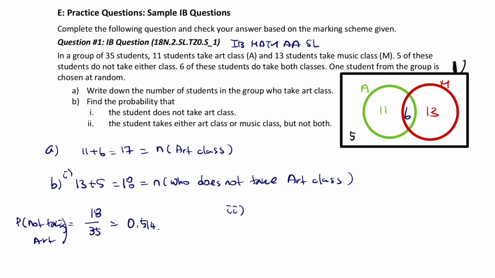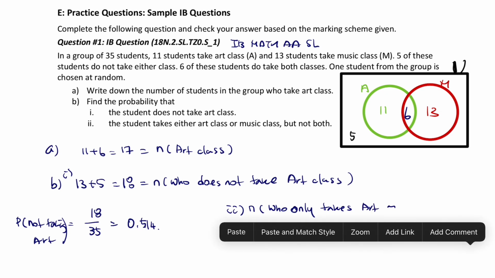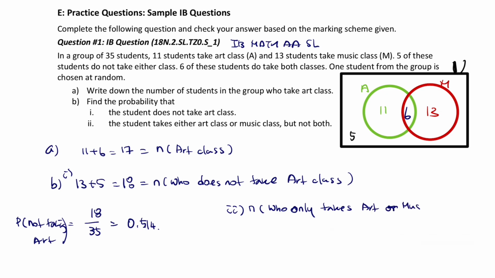So we first have to calculate the number of students who only take art or music. The number of students who only take art or music is the same as 11 plus 13, right? 11 plus 13, so it's going to be 24.